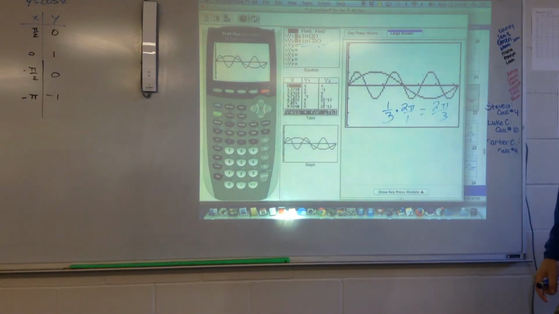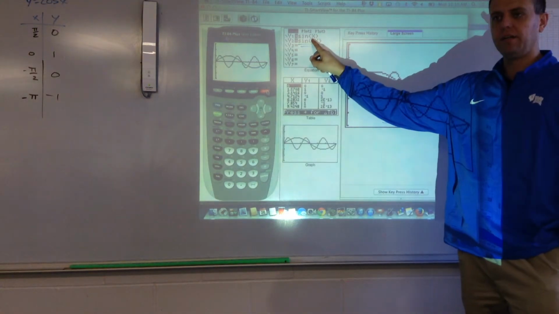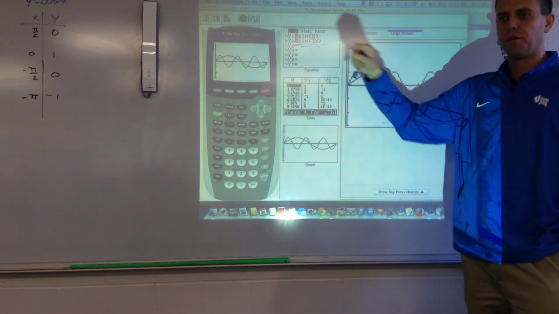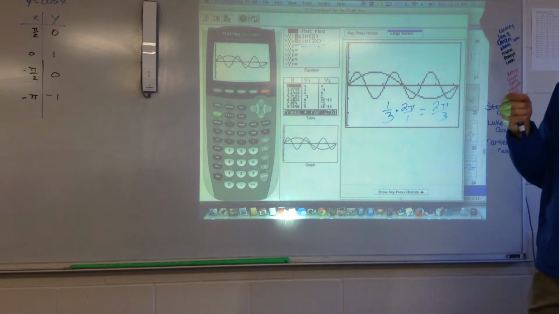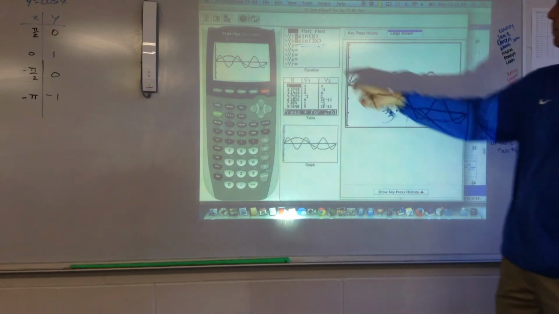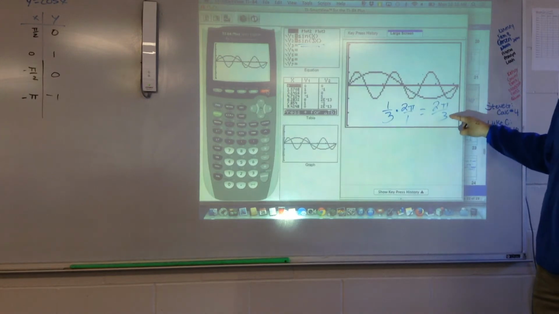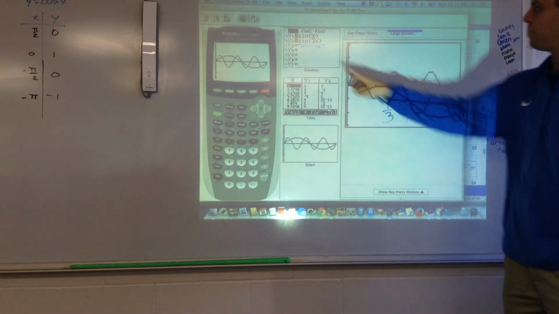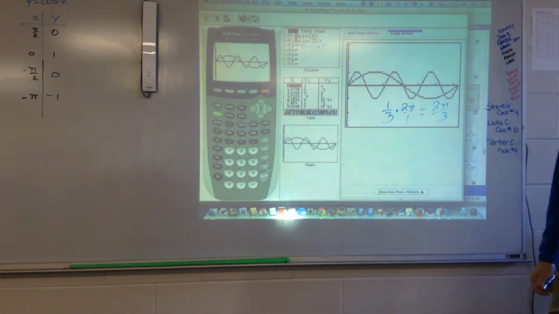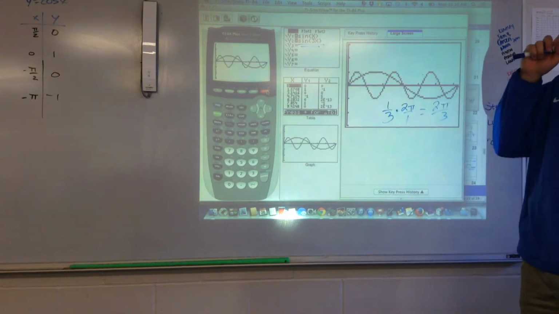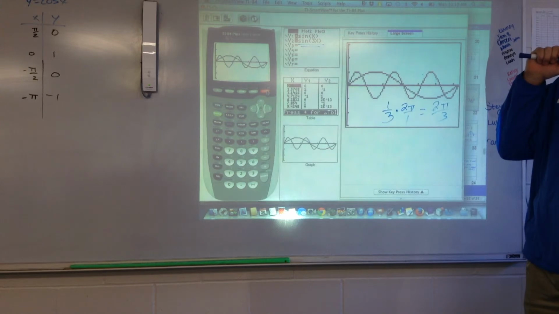Okay? So when I had a 2x there, the period was just 1 pi. When I put a 3 there, the period is now 2 pi over 3. What if I would put a 4 there? 3 pi over 4? 2 pi over 4.